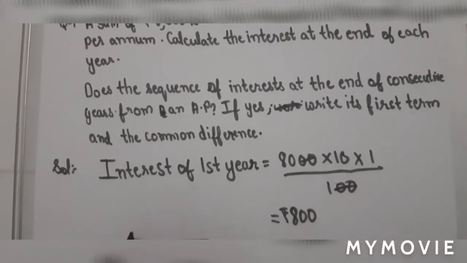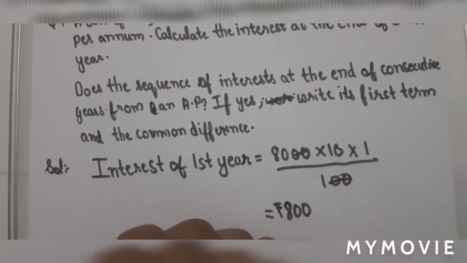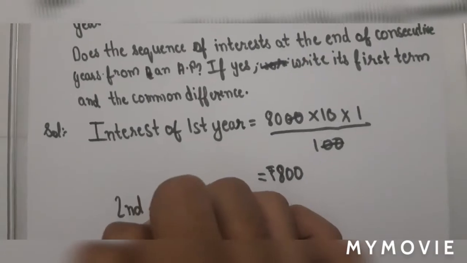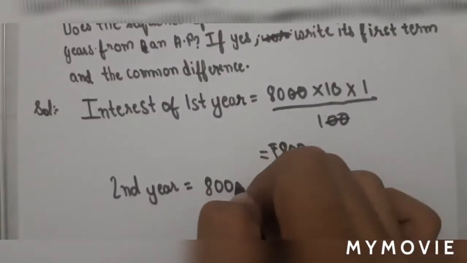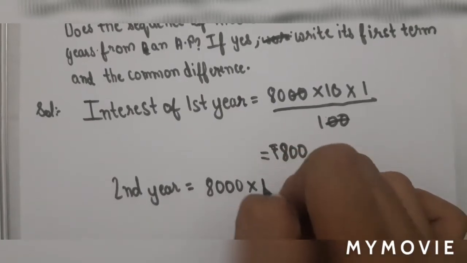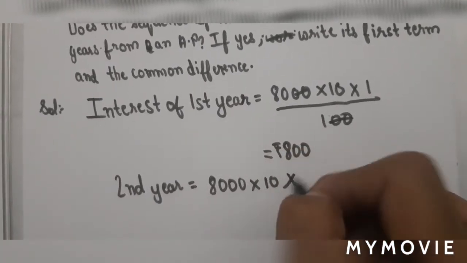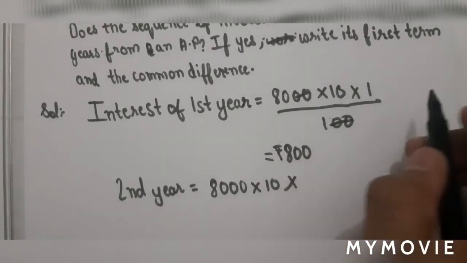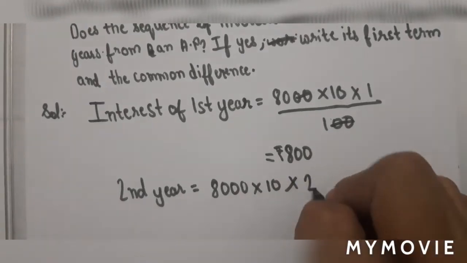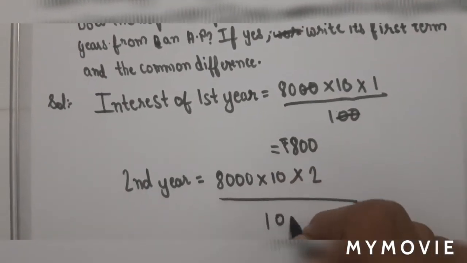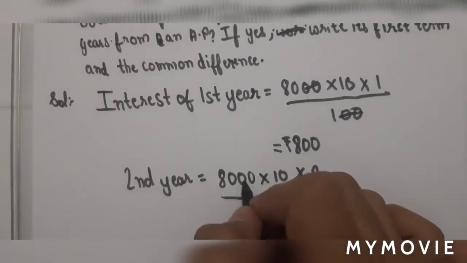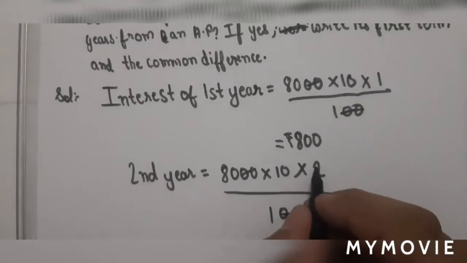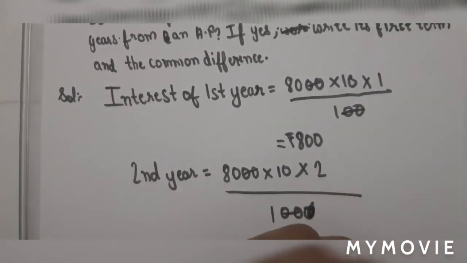So next we should calculate interest of second year. So for second year, 8,000 into 10 into, now here we are calculating for second year, so time should be 2, by 100. So 2 zeros get cancelled. So 2 8s are 16.